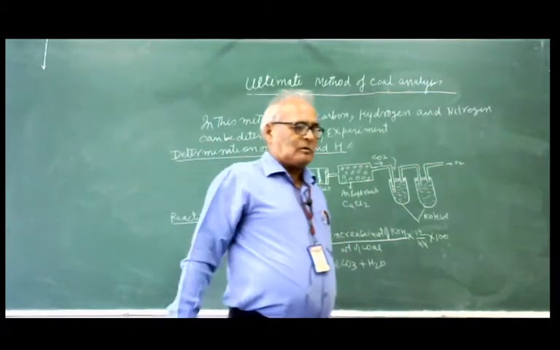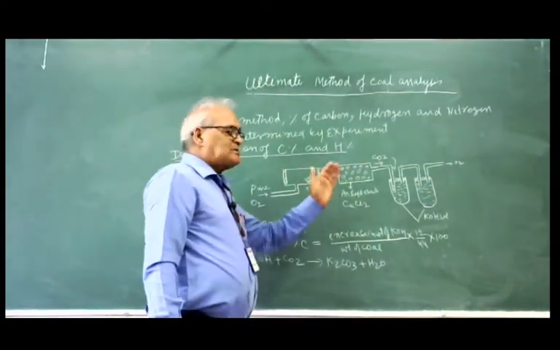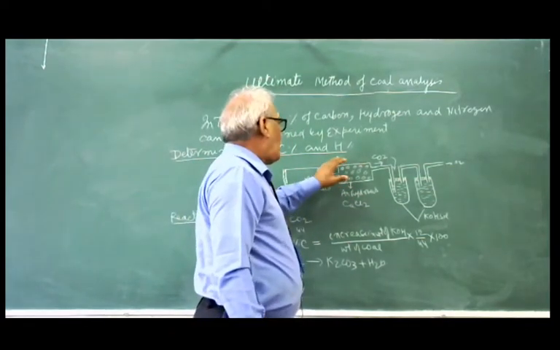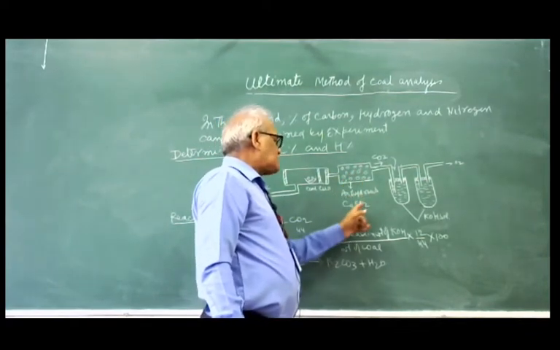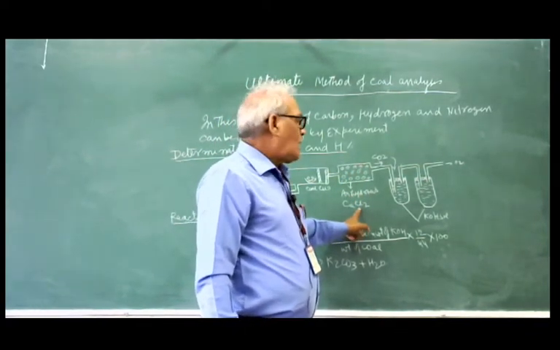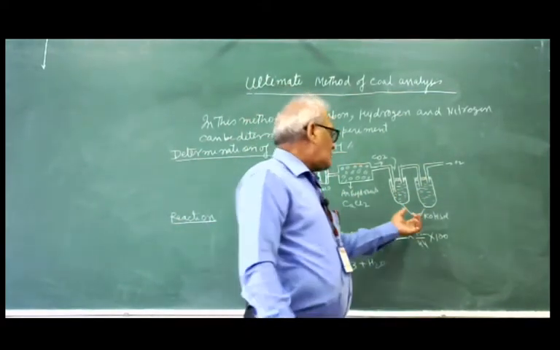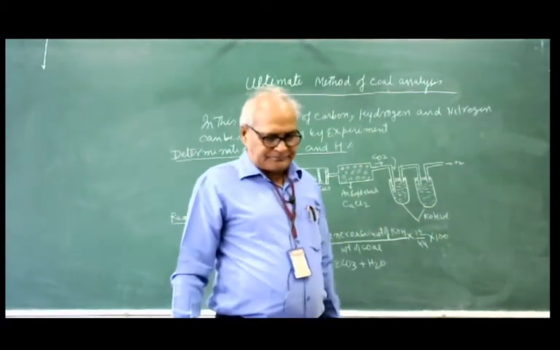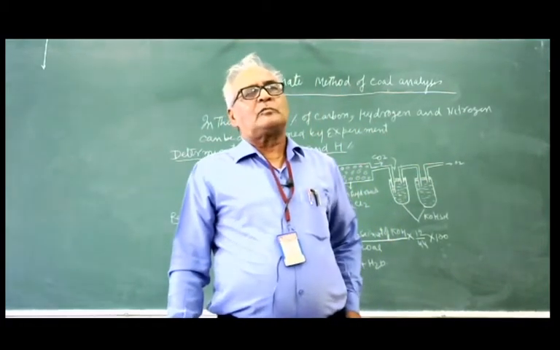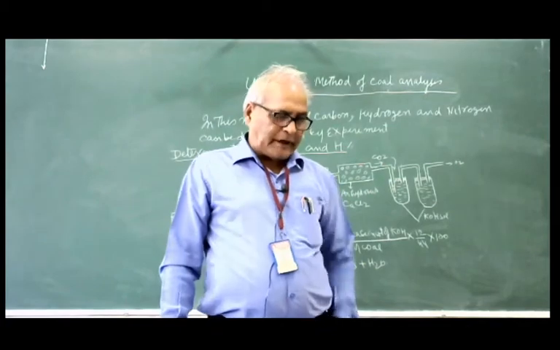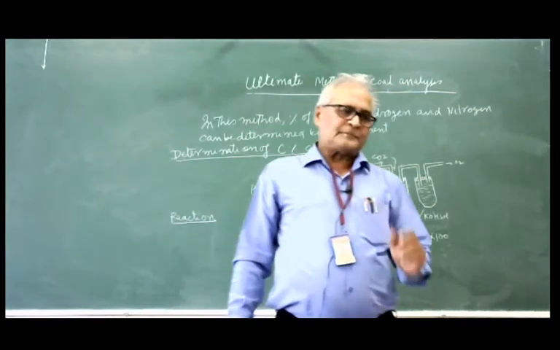So what we do? First of all, before performing the experiment, we take the weight of this chamber, that is the weight of the anhydrous calcium chloride, and also we take the weight of the KOH, potassium hydroxide. So the initial weight of the anhydrous calcium chloride and the initial weight of the KOH is lower.